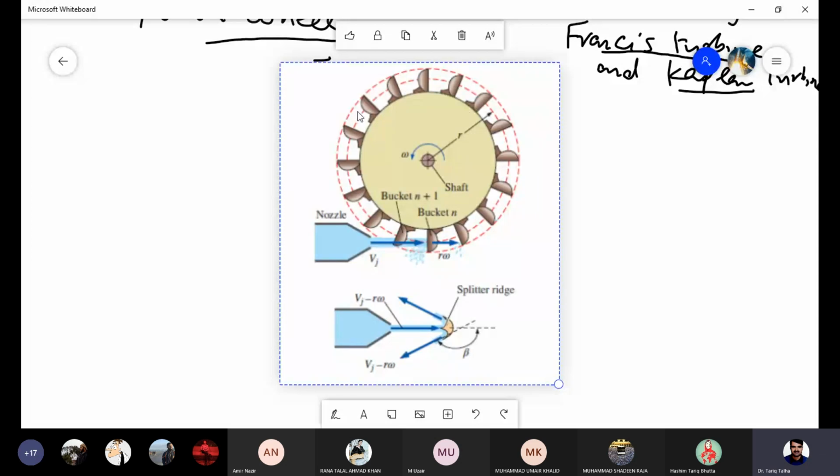these blades which are installed on the periphery of a large disc, right? The radius for that is r, and the shaft on which this disc is attached is into the board, and it is rotating with velocity omega, right?